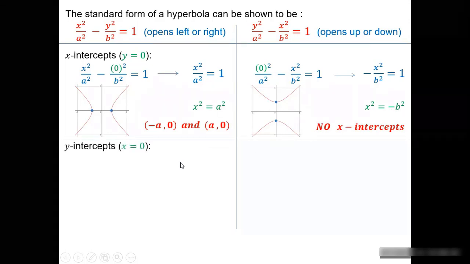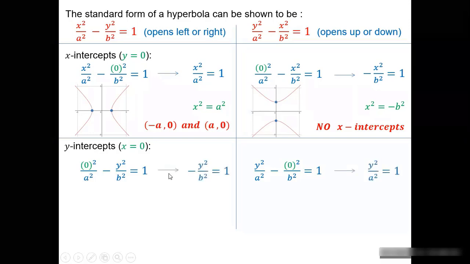So let's look at how similar this is to the y-intercepts, where we set x equal to 0, which will cancel the term involving x. Now notice that by cross-multiplying here, this becomes y squared equals negative b squared, while this over here becomes y squared equals a squared.